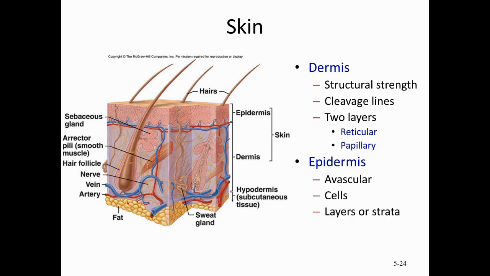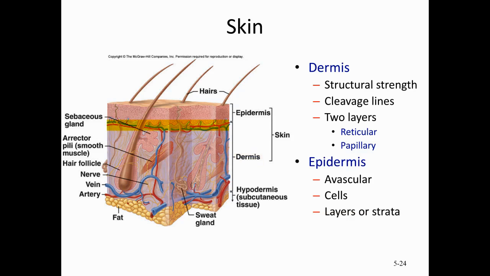Now looking at the skin, again going from the bottom up, we have the dermis. The dermis sits on top of the hypodermis. That gives us structural strength. It gives us cleavage lines. Again, if you remember, cleavage lines are the direction that the elastic and collagen fibers are going in. And there are two layers.